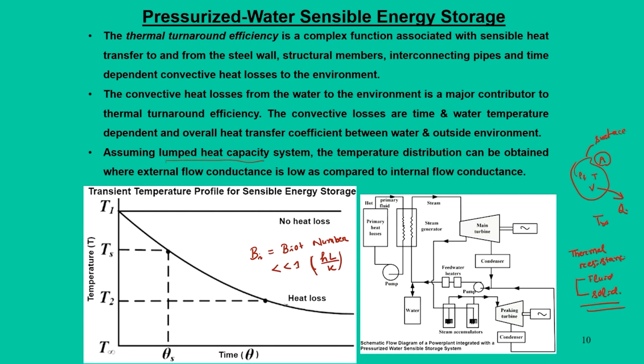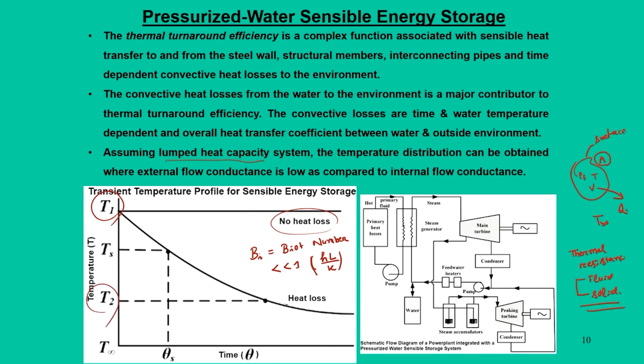So, when we say lumped capacity model, we imagine a system that initially has a stored temperature T1, and suddenly when it sees the ambient temperature it tries to come down. Assuming the system is completely insulated, there is no heat loss, but if there is heat loss through convection, the system goes from the initial temperature to a final temperature T2.